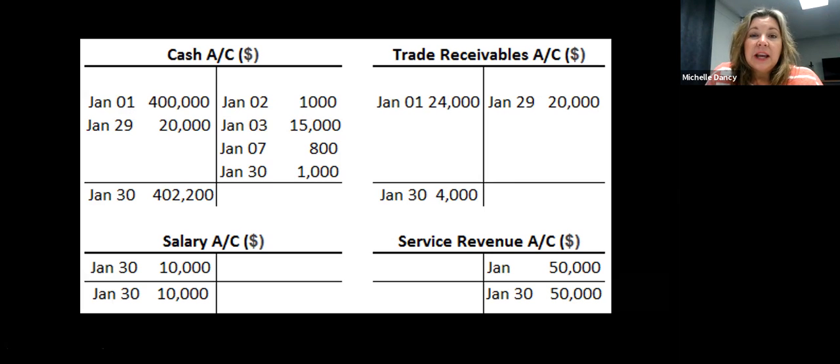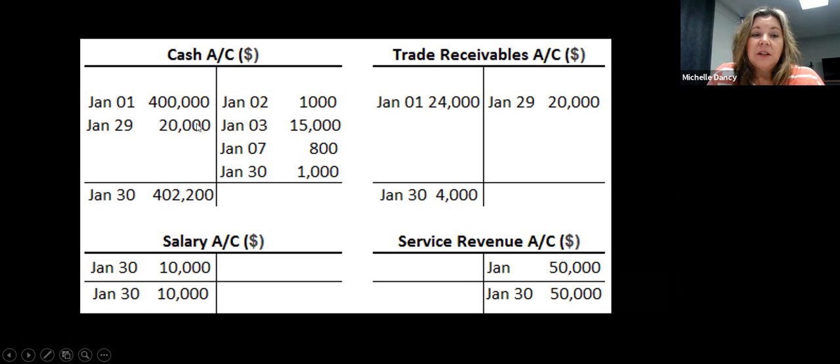And let's talk for a second about how we get a balance of our T account. This is just simple math. So if we know 400,000 and 20,000 are increases, then we add those and we know 1,000, 15,000, 800, and 1,000 are decreases, so we subtract.